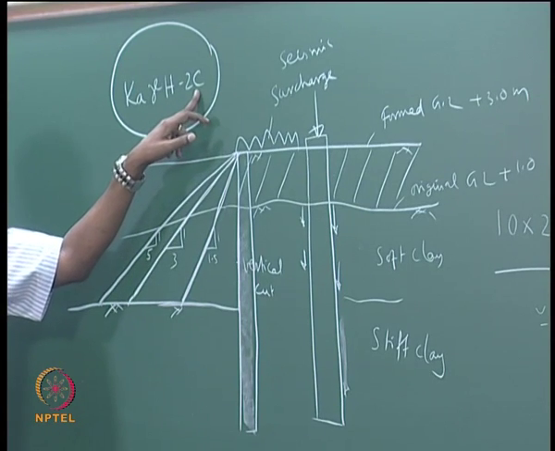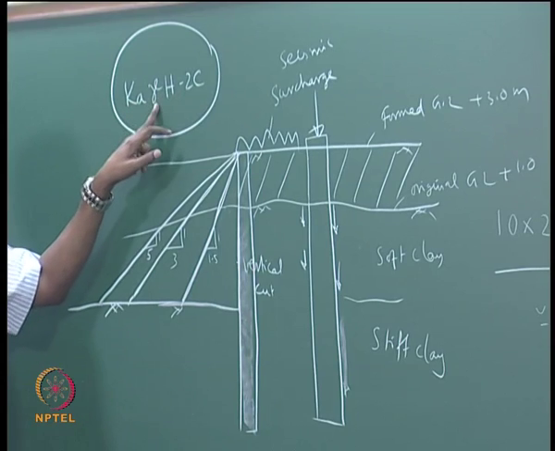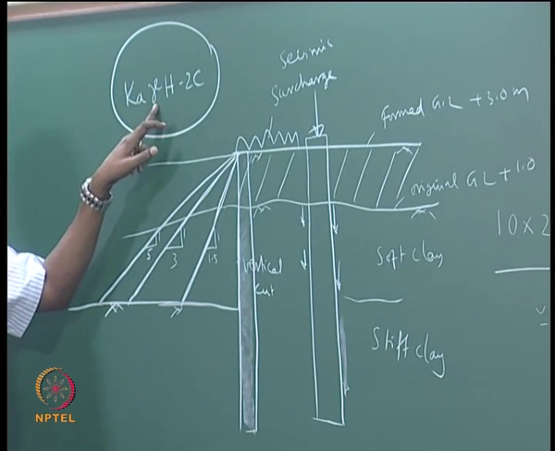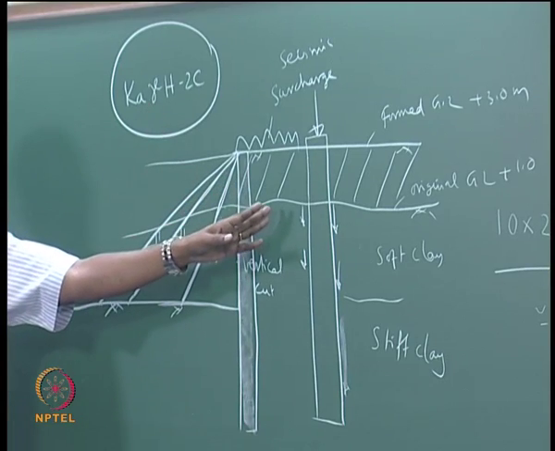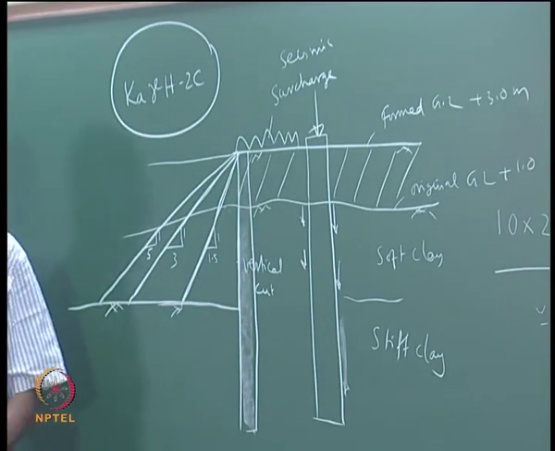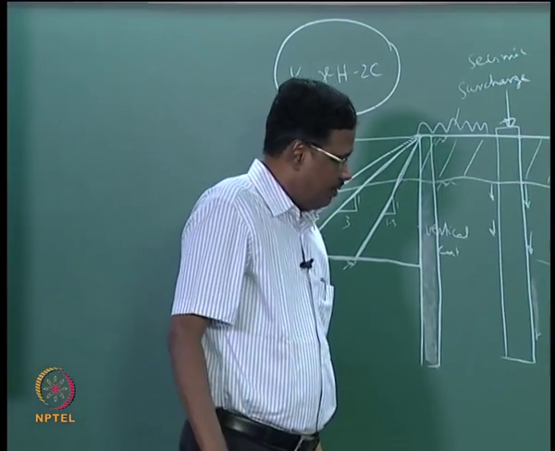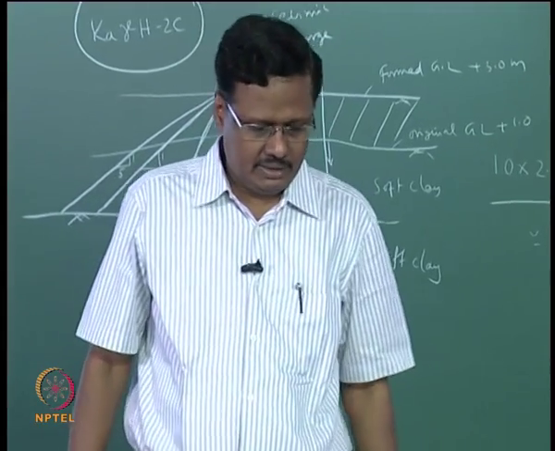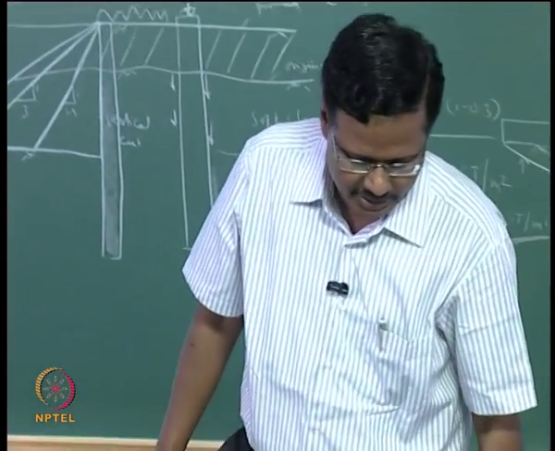When the c value is very close to 0, it is Ka into gamma into h. Gamma is the density of soil. So it will be retaining a liquid mud, there will not be any c, so that earth pressure also will be very high. So these are the problems related to soft clay layer. You have to take all these things into account while designing the structure.